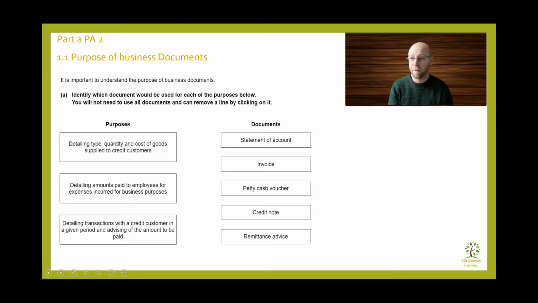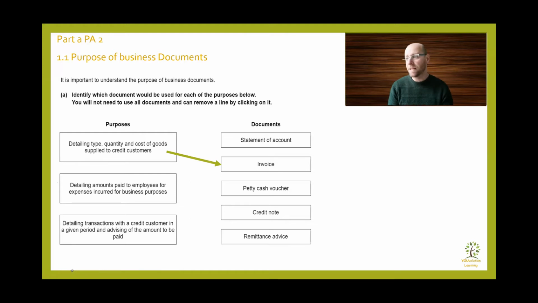So it won't be a statement of account, but it will be an invoice, because an invoice is what we send to the customer and it details the type of goods or services, the quantity, and the cost that we supply to credit customers. So that one is definitely going to be an invoice.